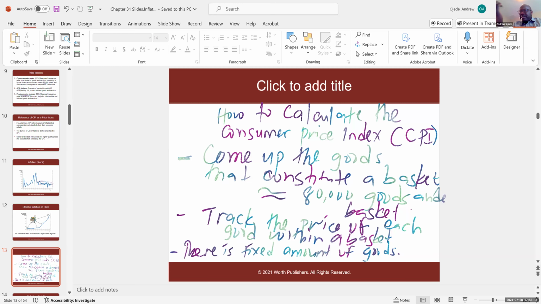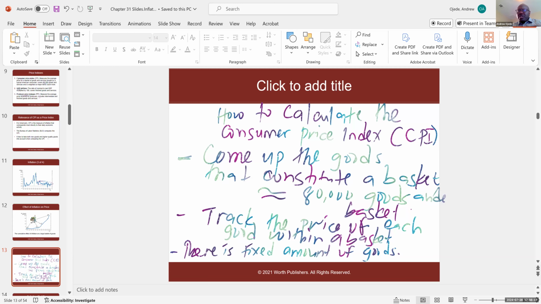So the number of oranges they buy does not change every period. There's a fixed number of each good within a basket. If they purchase 15 apples every month, it's going to be 15 every month or 15 every year, whatever the frequency of time you're dealing with here. If they purchase 15 gallons of gasoline every month, it's going to be 15 gallons. So the quantity of each good does not change. There's a fixed amount of goods within the basket.